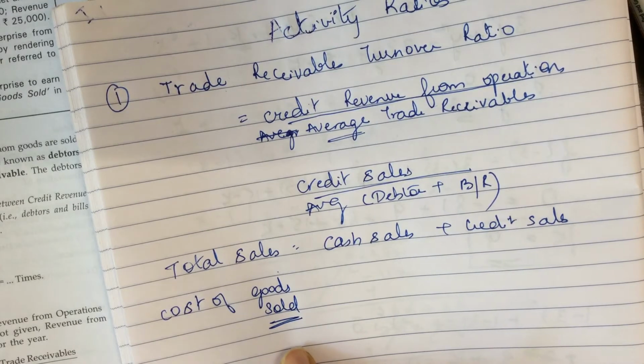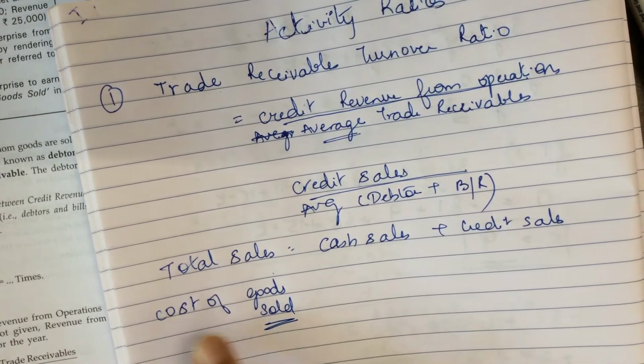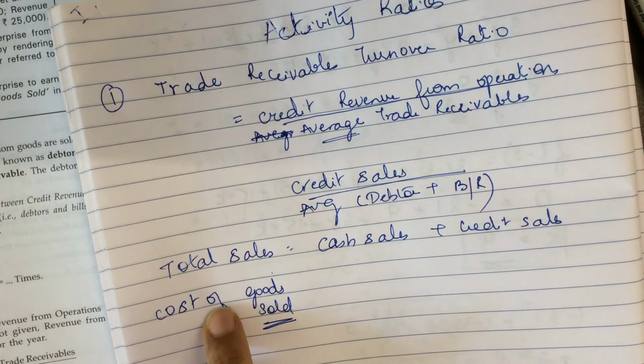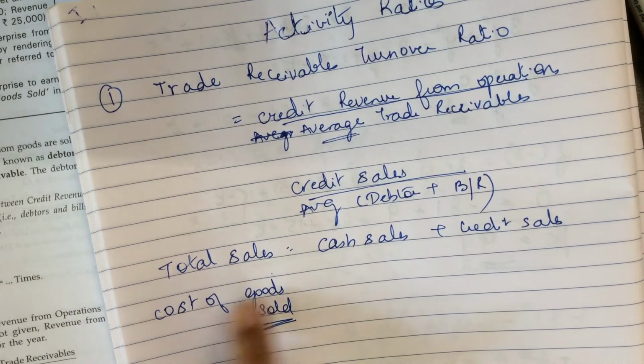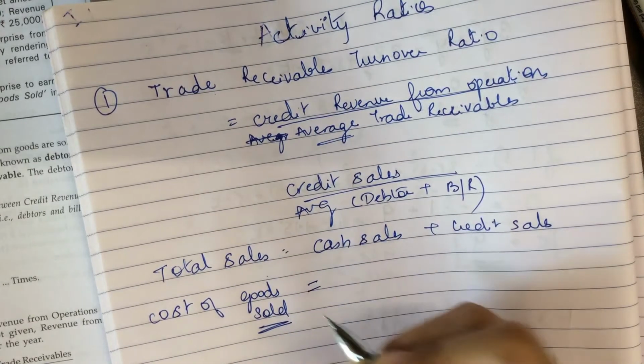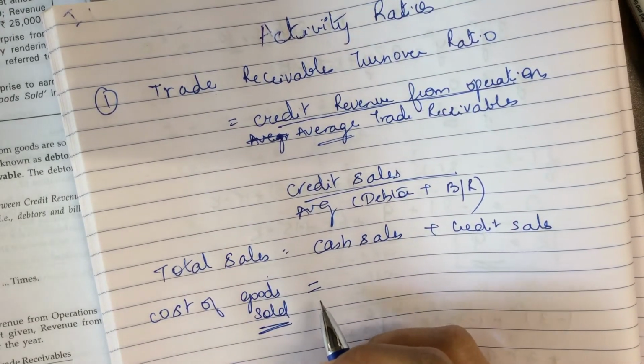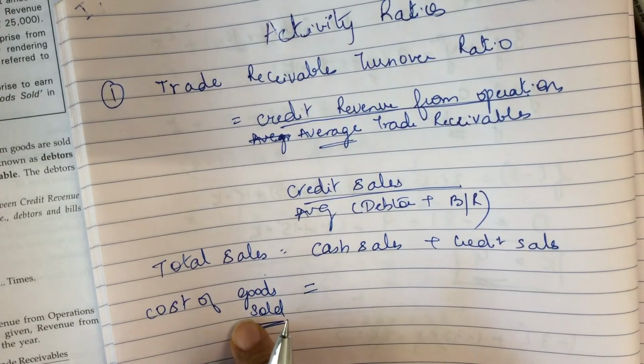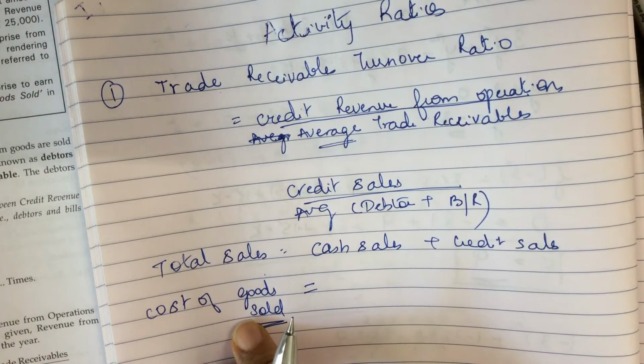Now, in your 11th standard, you have done this cost of goods sold. There was a formula which you learned. We also write it in the short form as COGS. I might use that short form in my later videos. Generally the formula was opening stock plus purchases plus direct expenses minus closing stock gives me cost of goods sold.